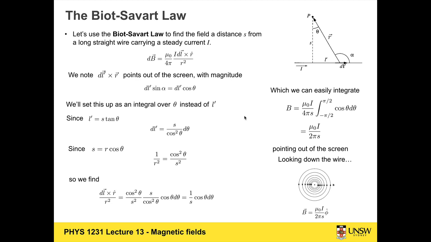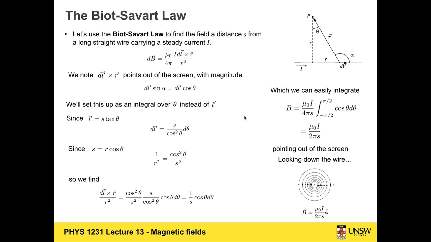So this is the analogous version to calculating the electric field by knowing a charge distribution. Here we're calculating the magnetic field by looking at the small current elements that make up our wire.